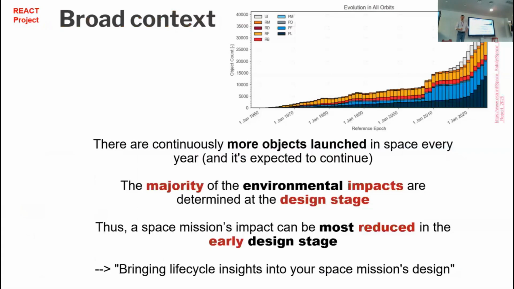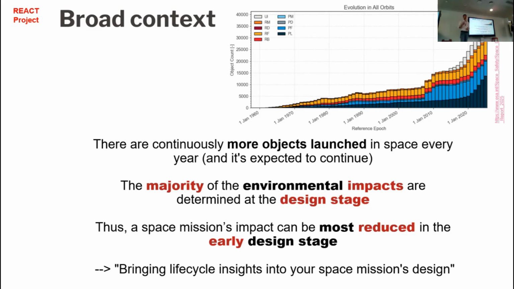Welcome everybody to this final presentation of the REACT project. To give a first broad context to know why this project came to be, there are more and more objects being launched into space, and so more space systems to design, and most of their environmental impacts will be decided by design choices made early on in the design phase.